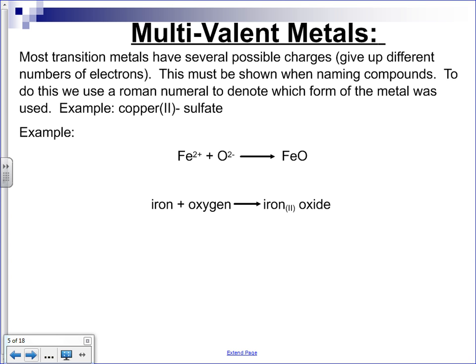So we have to be able to tell people which one we were using. Because if we don't, this compound and this compound, which are obviously different, would have the same name. They would both be iron oxide. Well, we can't have 2 different chemicals with the same name. That could end up killing people.